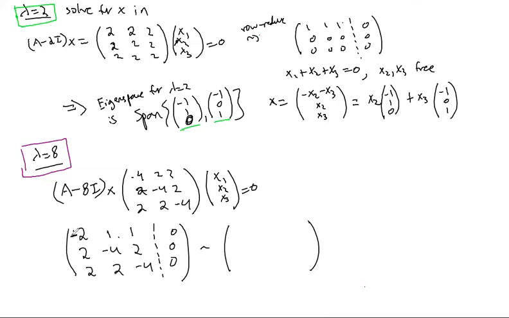Okay, now it's easier to zero out these 2's. So get 2 plus 1 is 3. 2 plus 1 is 3. So we're just adding row 1 to row 2 and 3.